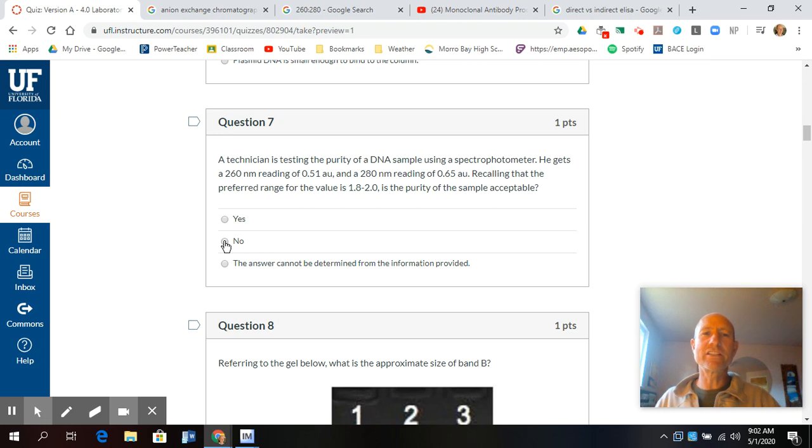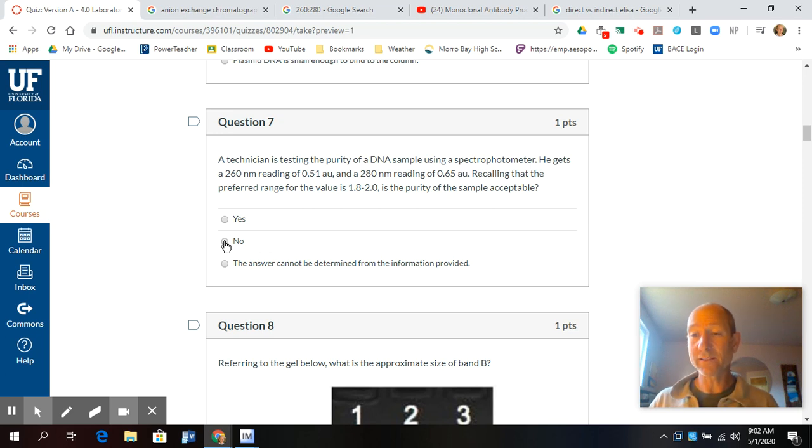A technician is testing the purity of a DNA sample using a spectrophotometer. He gets a 260 nanometer reading of 0.51 and a 280 nanometer reading of 0.65. Recalling that the preferred range for the value is 1.8 to 2.0, is the purity of the sample acceptable?